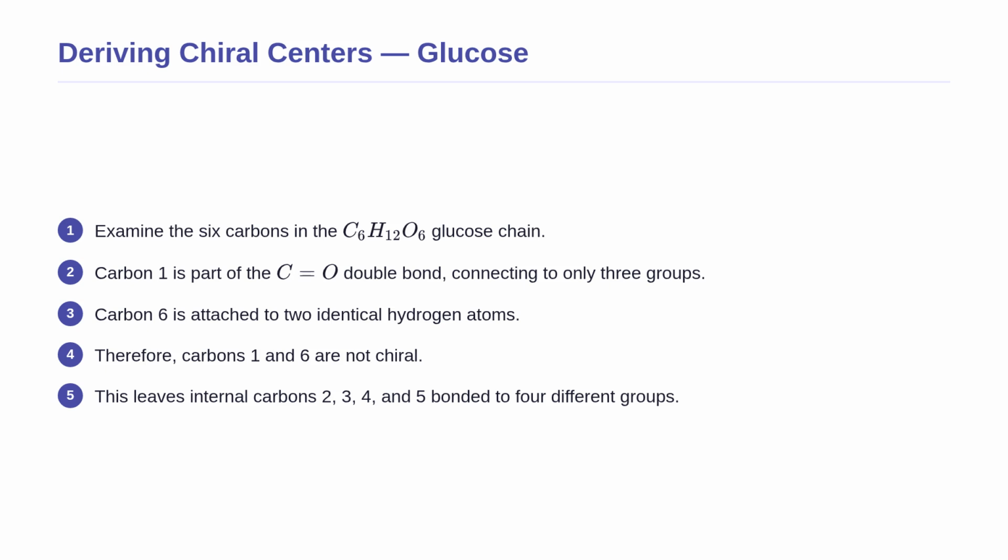Carbon 1 is part of the double bond to oxygen, meaning it only connects to 3 things, not 4. Therefore, it cannot be chiral. Down at the bottom, carbon 6 is attached to 2 identical hydrogen atoms, so it also fails the chiral test. This logical elimination leaves only the internal carbons, 2, 3, 4, and 5, as true chiral centers, proving our value of c equals 4.